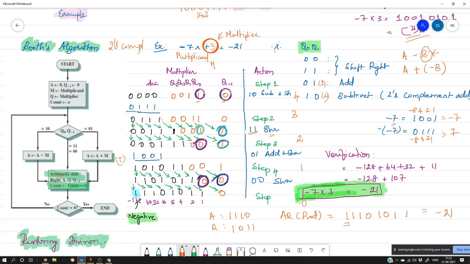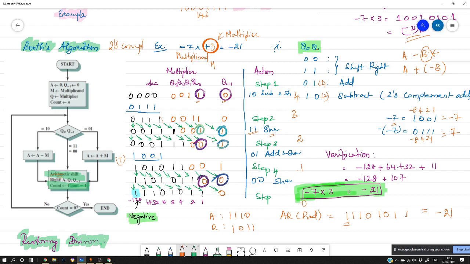If the last bit is 1, then it means that it is a negative result. You can apply the place values here and check whether it works out to be minus 21. I have done that here to verify. Starting from here: 1, 2, 4, 8, 16, 32, 64 and 128. In minus 128 you have 1, so I have taken minus 128.